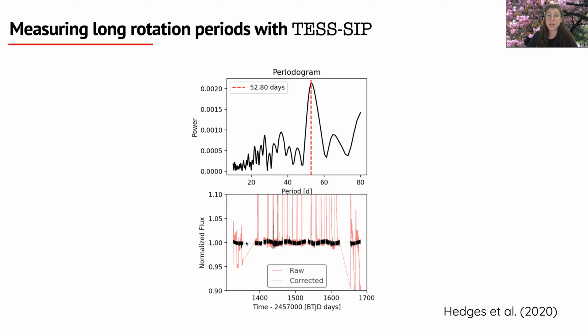And she's able to demonstrate with this method that she can recover a 50-day rotation period for a star, TOI 700, which is known to have around a 50-day rotation period from ground-based ASAS-SN light curves. So this is another example of a method where you model the astrophysical variability and the systematic trends at the same time to preserve long-term variability with TESS.